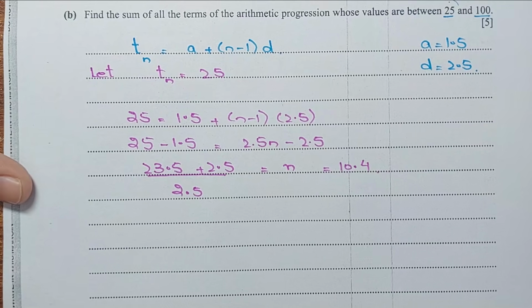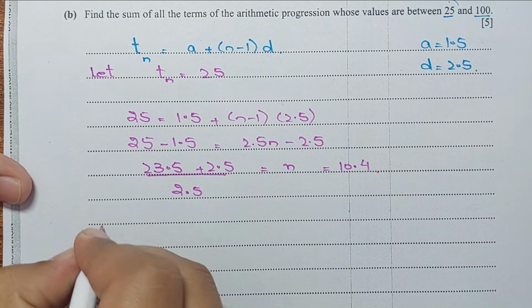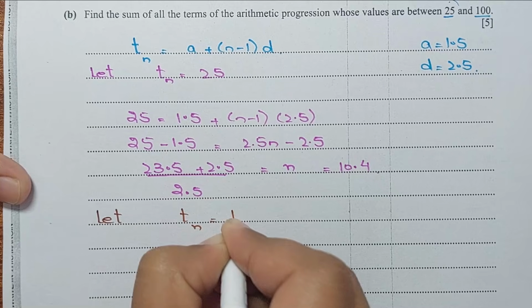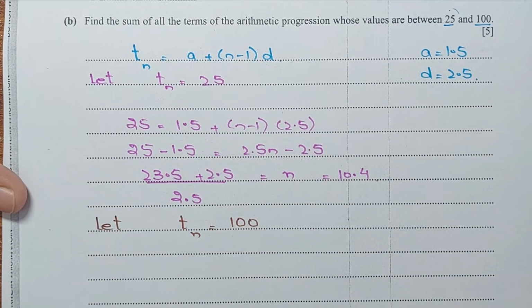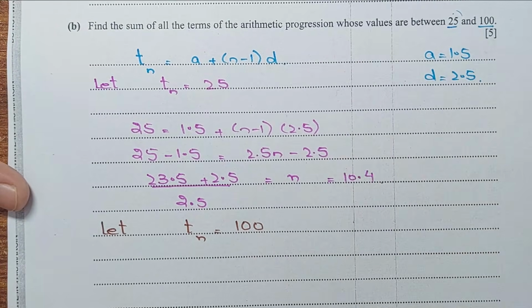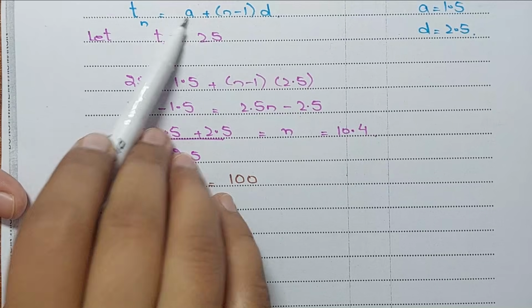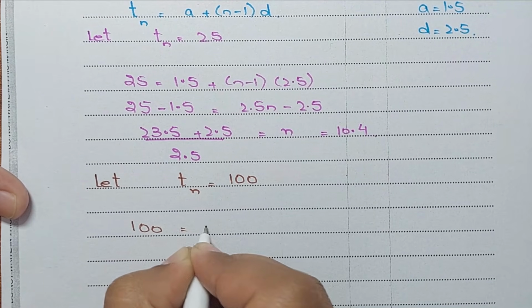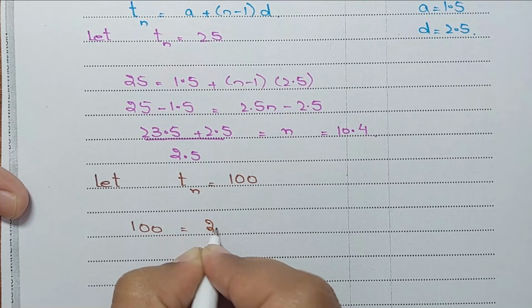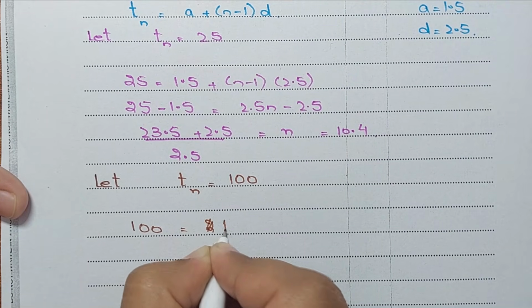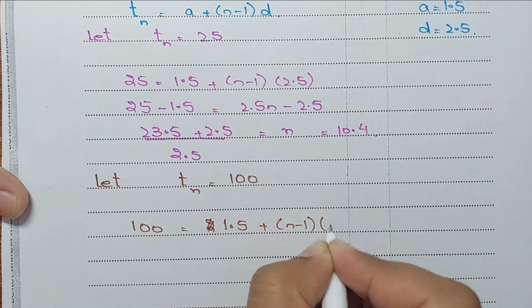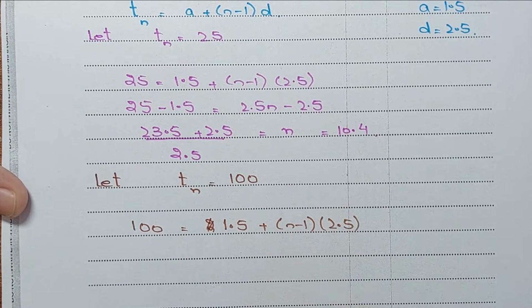Now the second, let Tn be 100. We need to figure out at which value of n it is 100. So substitute it over here: 100 equals 1.5 plus (n minus 1) times 2.5.